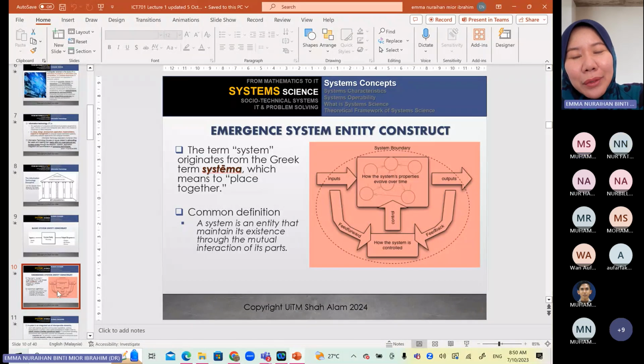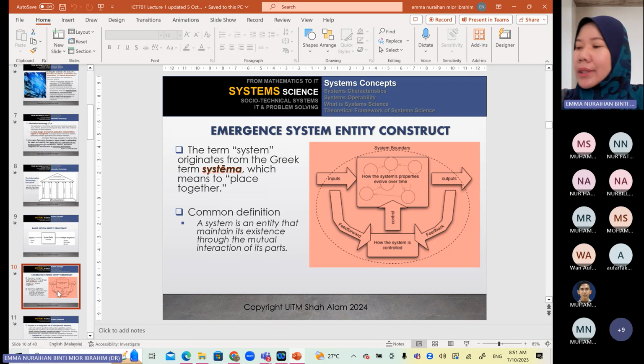No. What is the main input of a university? What makes a university? Students and lecturers. Yes. Without students, how can it be a university? Right? Who is the main stakeholder? Students. Input. Okay, input, students.